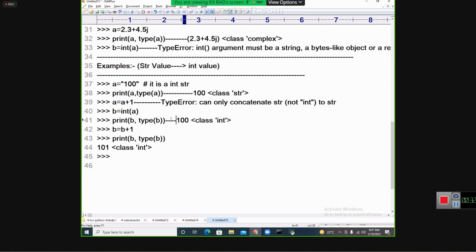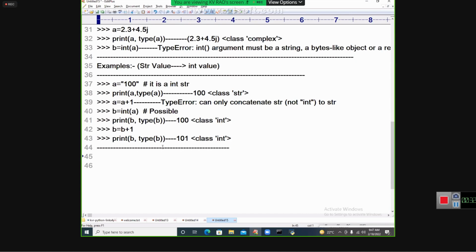There is no doubt in that. b is equal to b plus 1, you are getting it. Is it possible or not possible? Possible. Okay. Next I am going to give you one more type of thing.